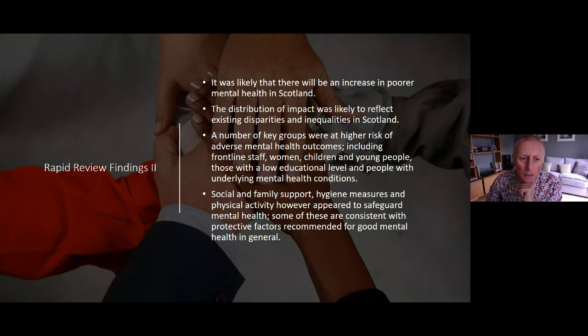And we also identified there were some clear protective factors. So having access to social and family support, having access to good hygiene measures, and also physical activity appeared to safeguard mental health.